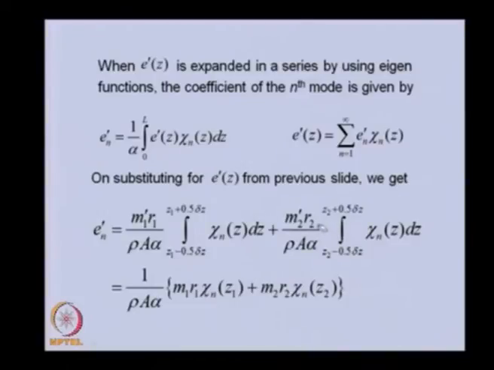So now you can see that we can express this like this, because this particular integration is there at a very small location of the length of the shaft. In the next slide we will show how we can get this from this integral.